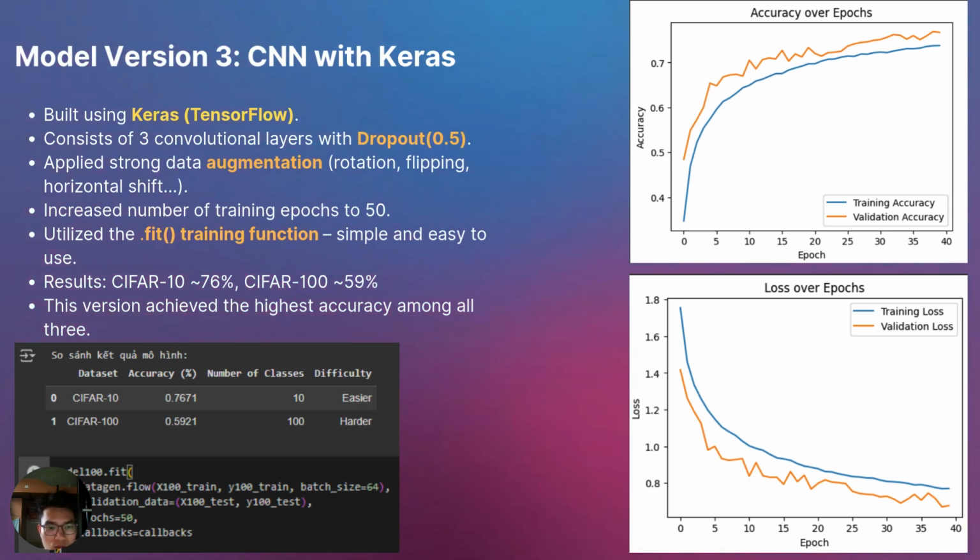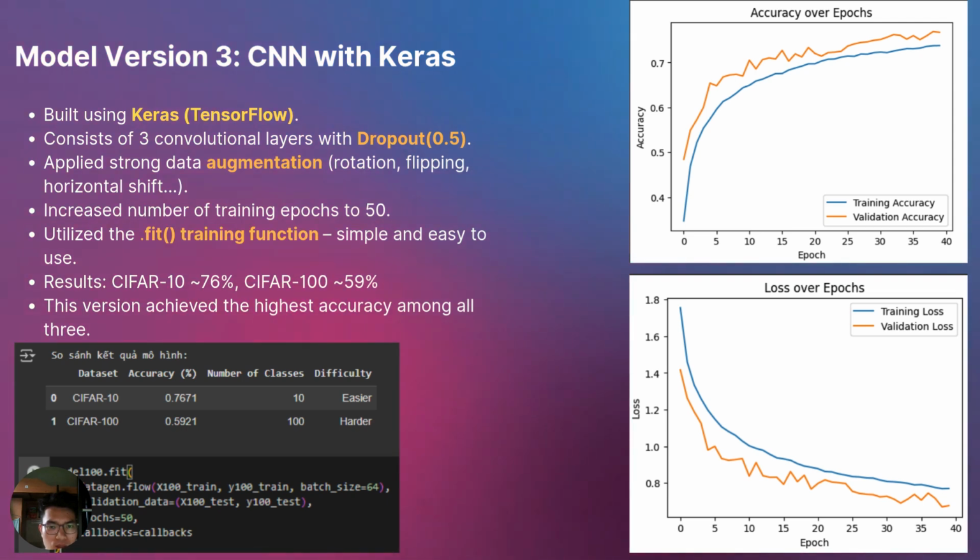So look at the table of the results. CIFAR-10 with 76% accuracy and CIFAR-100 with approximately 60% accuracy. So that's why this version has the highest performance among the three versions.